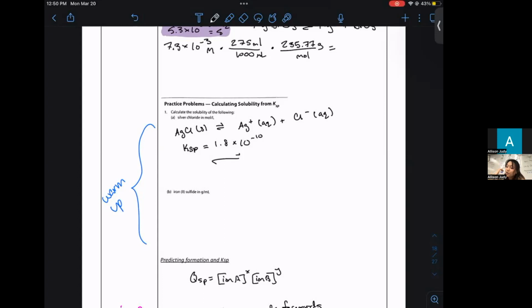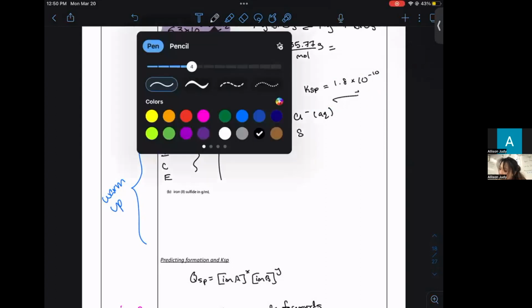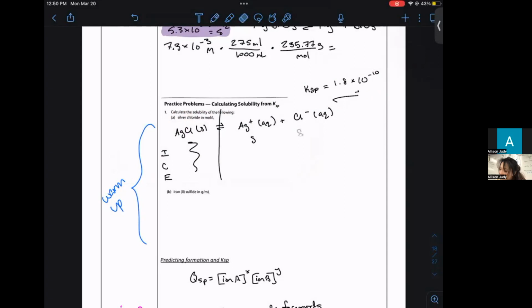All right. So what was your answer? If you use the method from above, the ICE table essentially, the change is S, S, and it starts off as theoretically 0, 0.